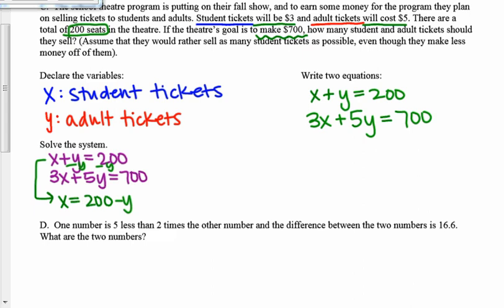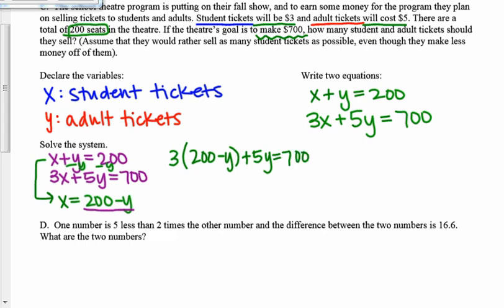Now I have something that's actually equal to x that I can plug in somewhere and do substitution. Well, I'm actually just going to plug it into that second equation. So I know that, let's do green, 3 times x, well I know x is 200 minus y, plus 5y equals 700.